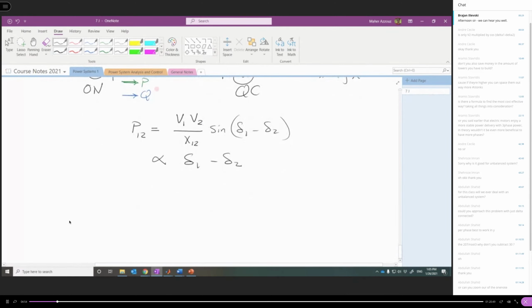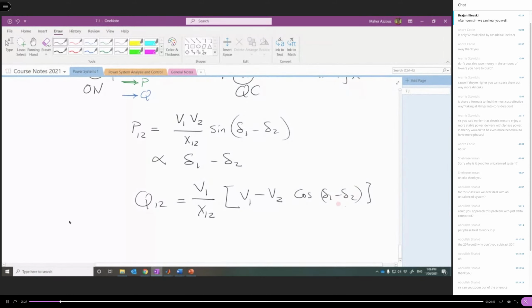For the reactive power, Q12 is equal to V1 over X12 times (V1 minus V2 cos(delta 1 minus delta 2)). From this relation, the reactive power is proportional to the voltage difference, because delta 1 minus delta 2 is not a large angle.